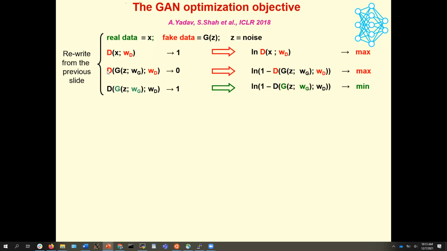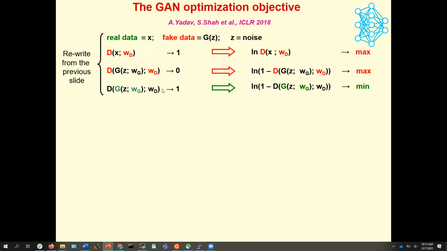When we require that the discriminator tends to 0, then it's equivalent to the requirement that the logarithm of 1 minus the discriminator tends to maximum.